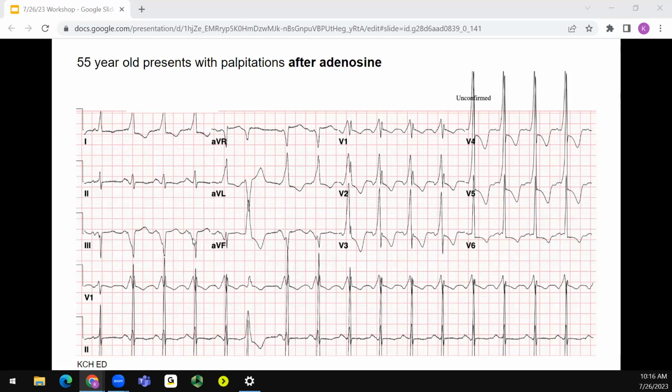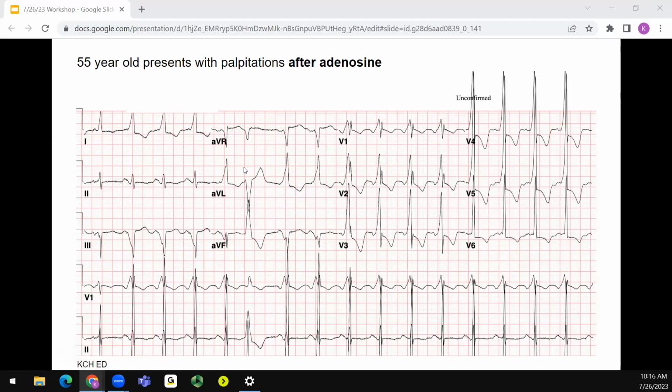So what's going on here? What type of rhythm is this? Is it better or worse? It all depends.